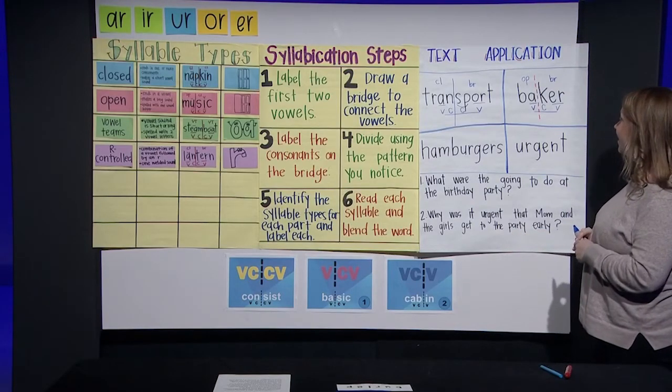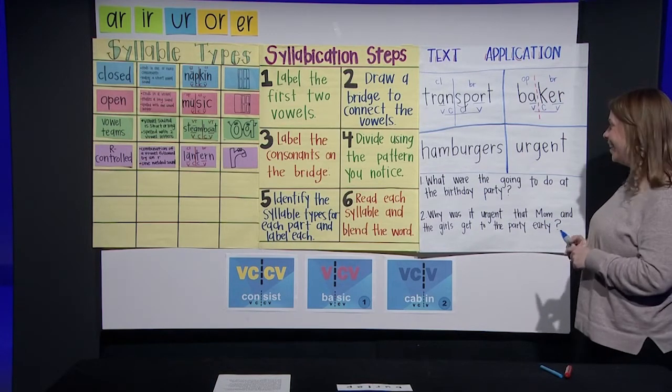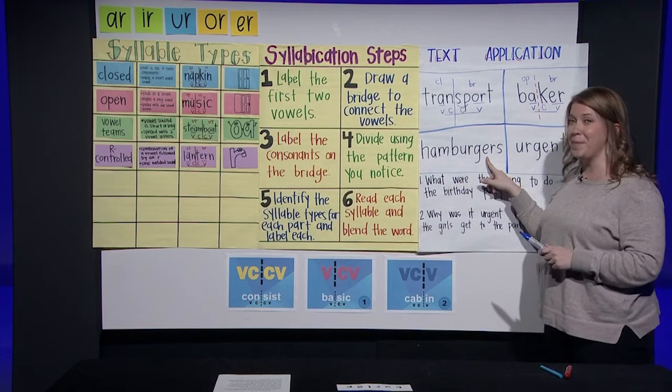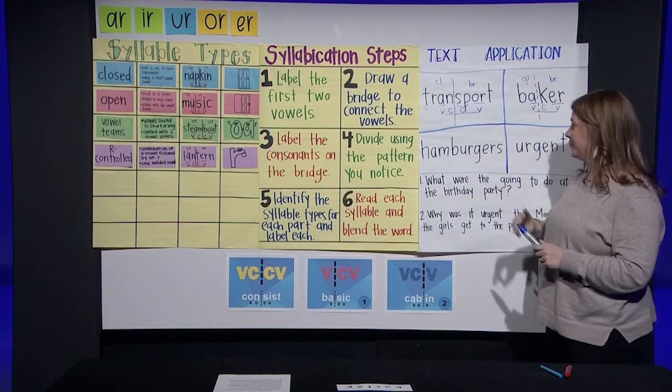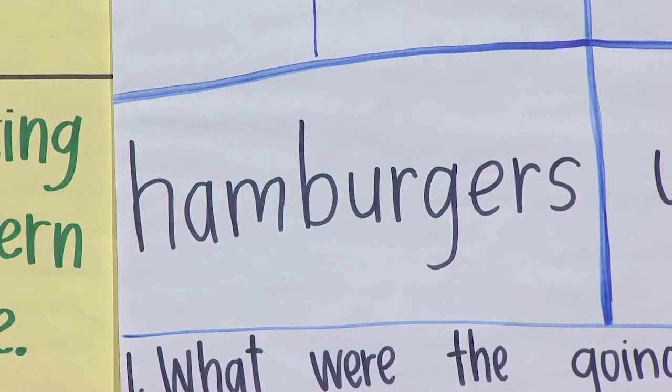Very good reading. I want to do another one. Do you? All right. Will you write this word on your paper? It's a big one. All right. Let's work through our syllabication steps together. What's the first thing we need to do?